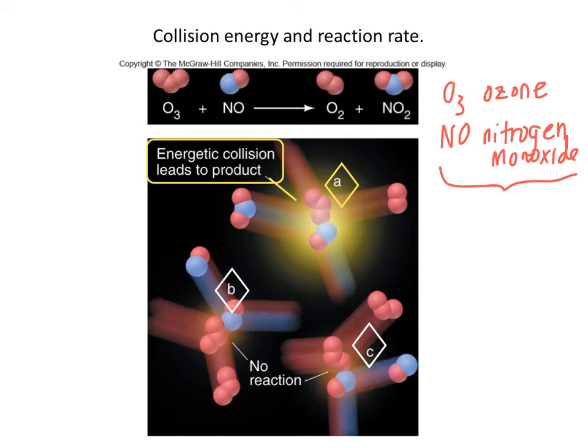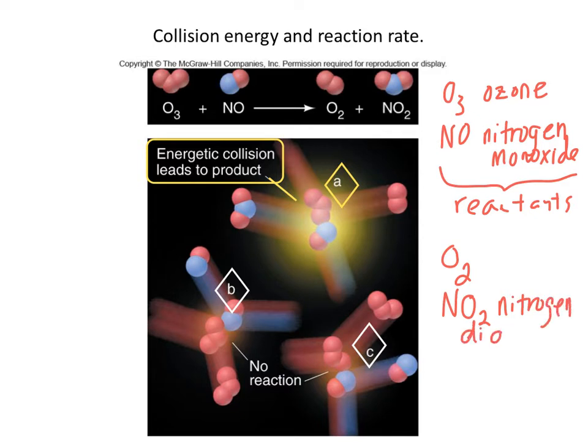So these are both our reactants. They come together to form oxygen, so we have oxygen, and we have NO2, which is nitrogen dioxide. And those will become our products.